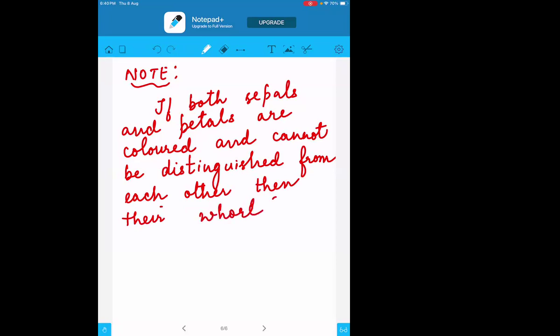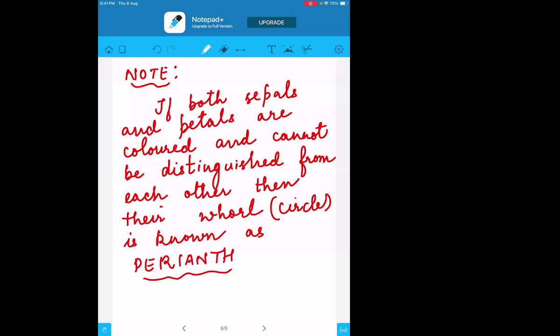Whorl means circle. So the complete whorl, or the complete round structure of the circle, is known as the perianth. Very, very important again. What is perianth? Perianth is basically when sepals and petals both are colored and they cannot be identified.